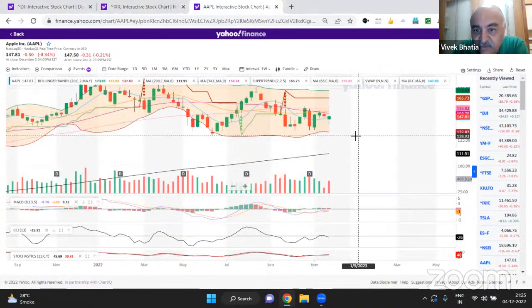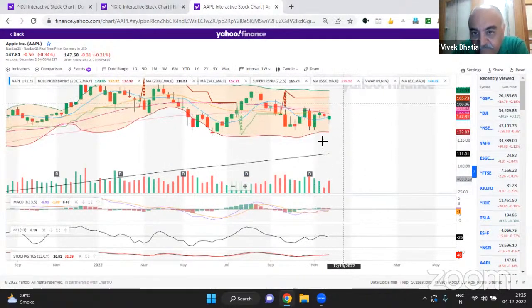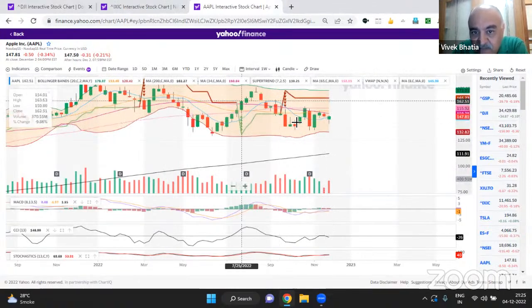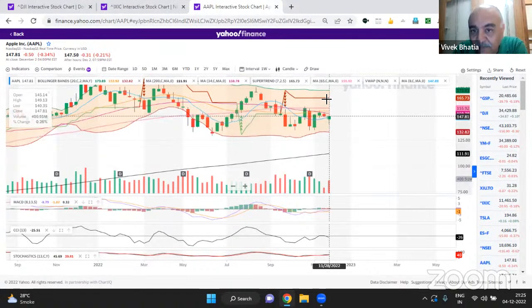This is a weekly chart showing you here. Gives you a hammer almost in a phase of consolidation, sideways movement. But 165 is enticing it to come up and give you a breakout on the uptrend.